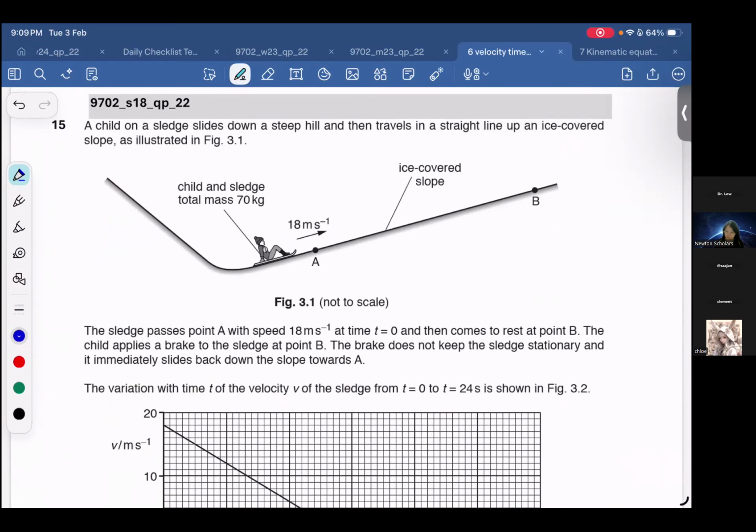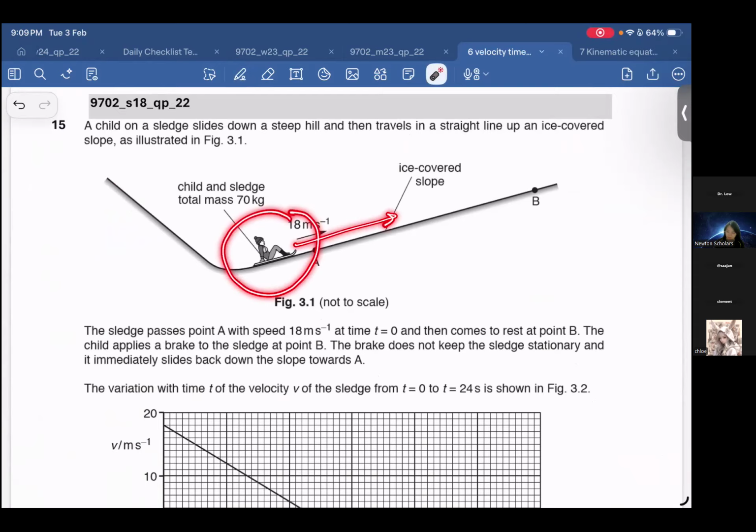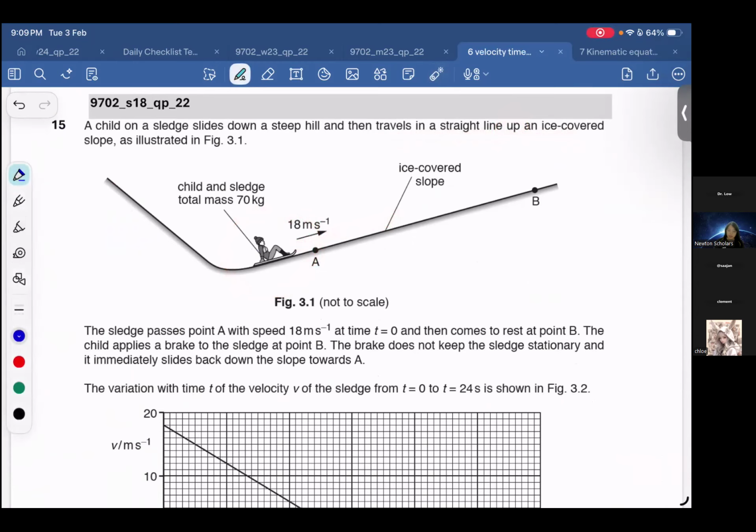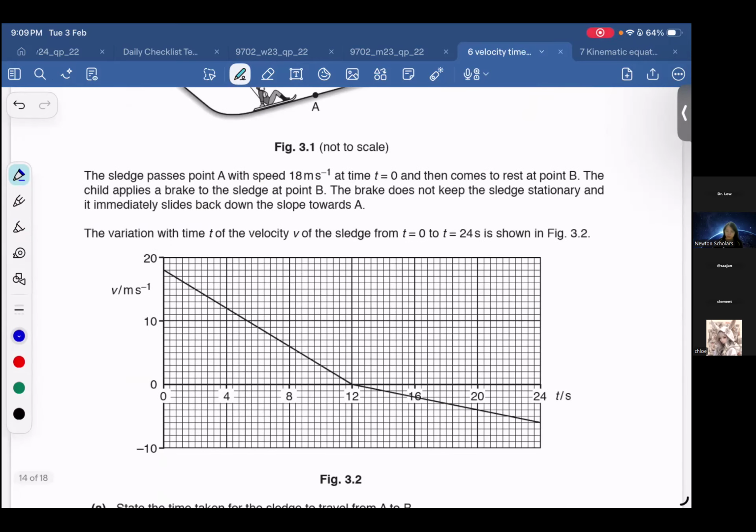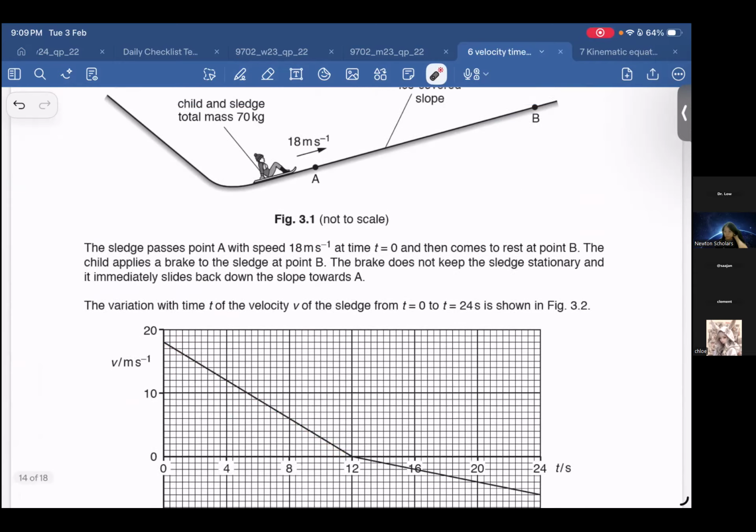Okay, a child at the theater, total mass going up, travels in a straight line up. So keyword: up. When going up, what is the motion? We relate it with this. You see what happened to the motion? Velocity decreases, right?